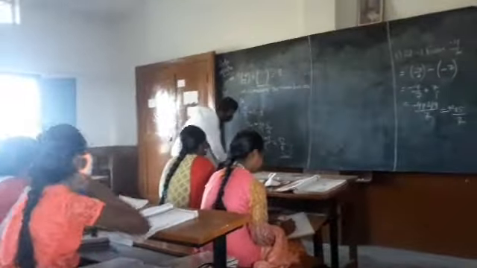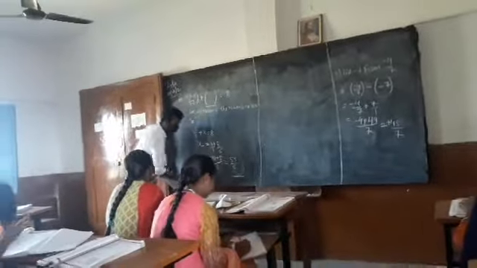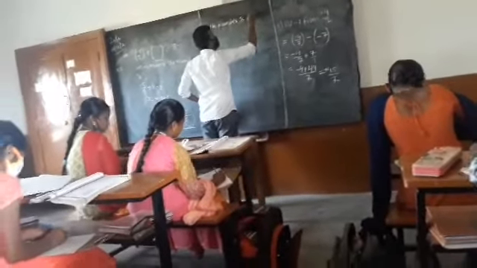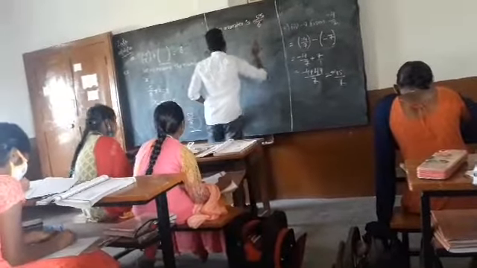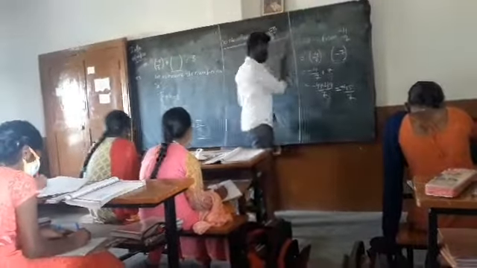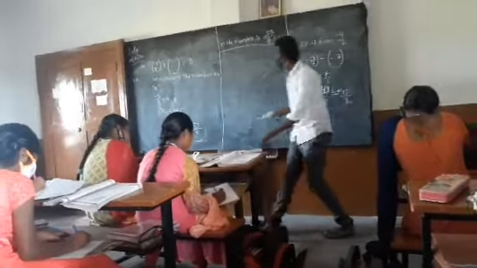Quickly note down. You can write, so the number is 53 by 6. Write it down faster.